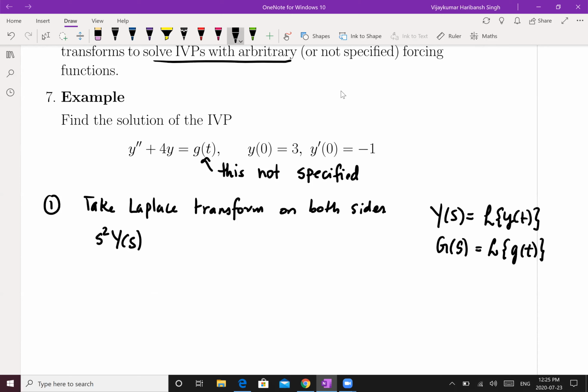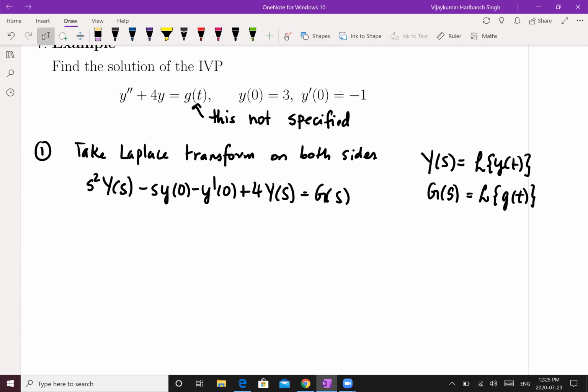All right, so we get s square y of s minus s times y of 0 minus y prime of 0, and that plus 4 y of s equals g of s. Your g of t is not specified. So now let's work it out.